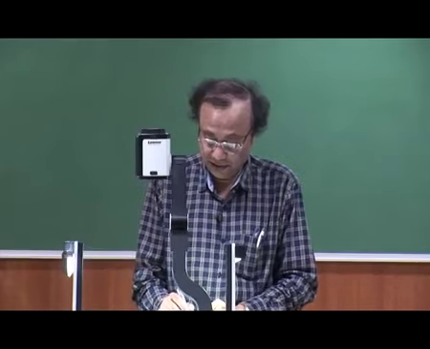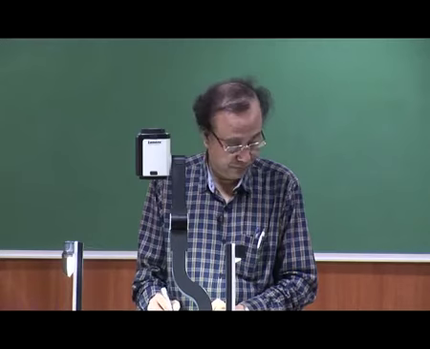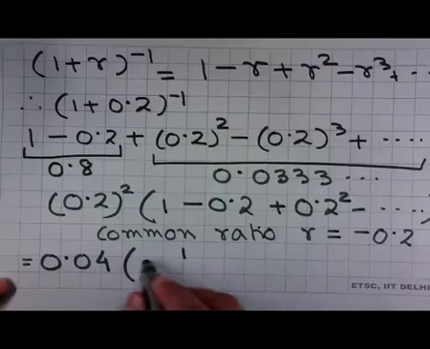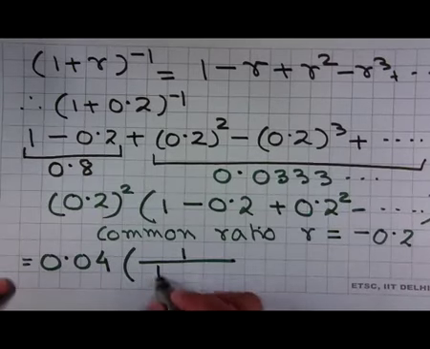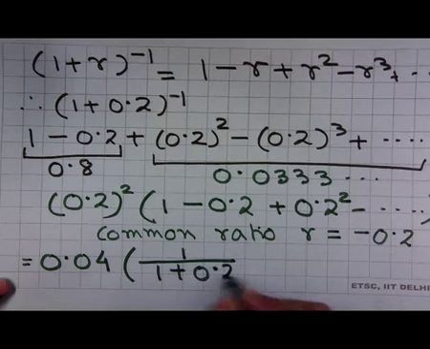Therefore, this sum is 0.04 multiplied by 1 upon (1 plus 0.2).